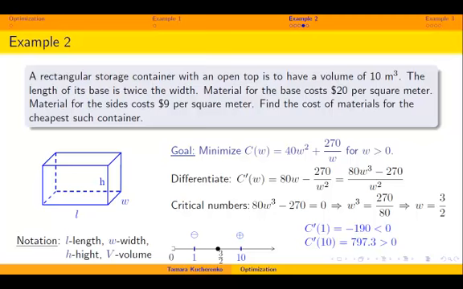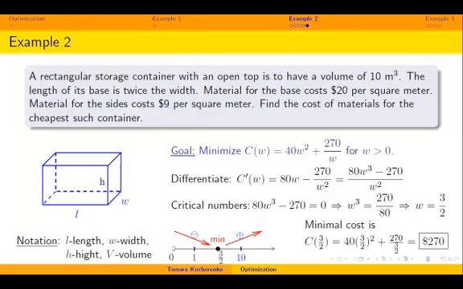We see that the cost function is decreasing to the left of 3/2 and increasing to the right. Therefore, the lowest point on the graph occurs when W equals 3/2, and the value C of 3/2 is the absolute minimum.